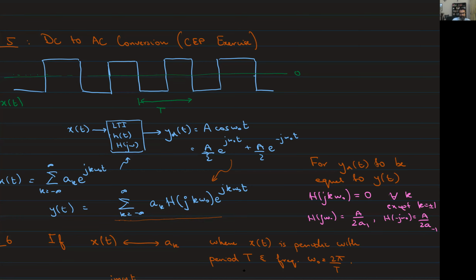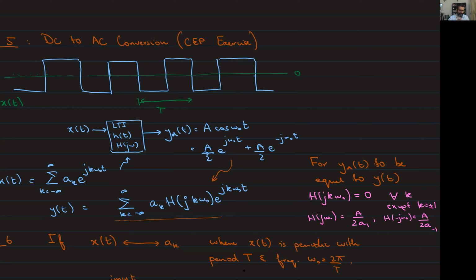Now these systems are practically very, very hard to design कि जो ये ideal condition को satisfy करते हैं, and we typically use more realistic systems which are not that ideal, and that creates harmonics, that creates distortions, as you would see in your CEP.